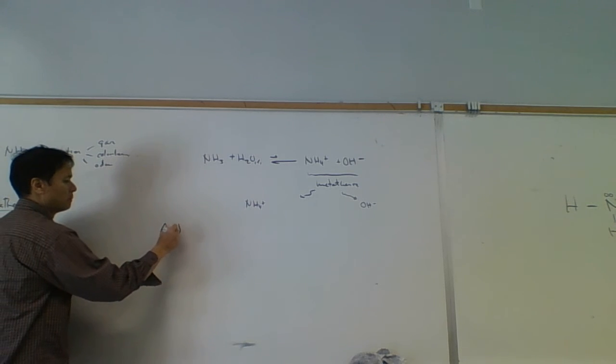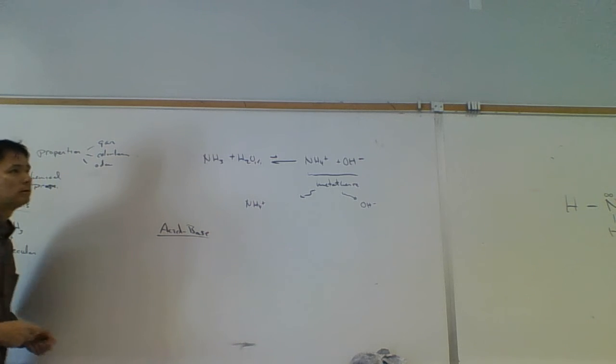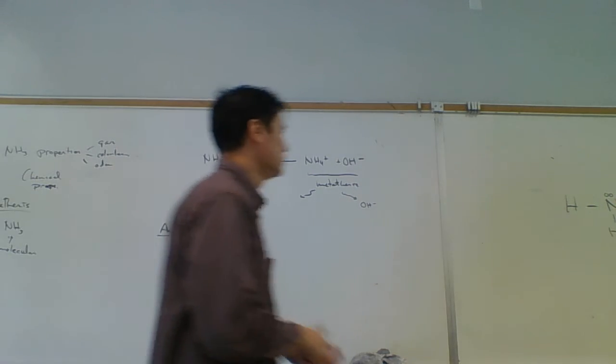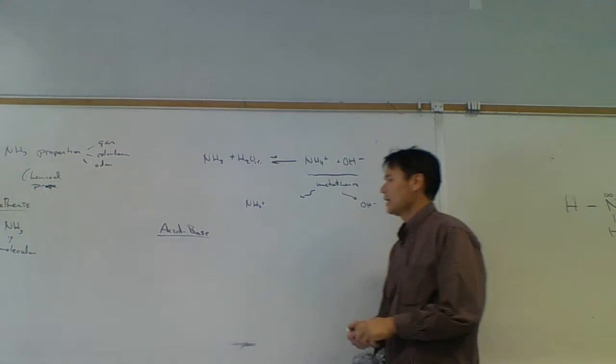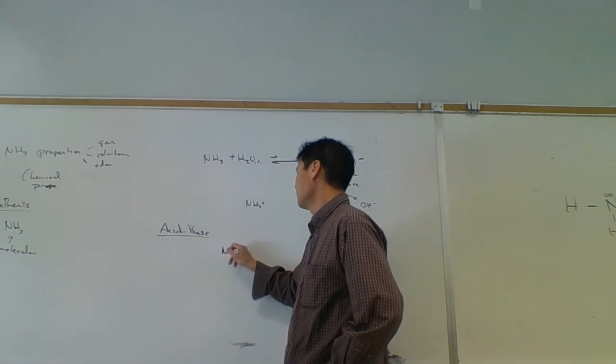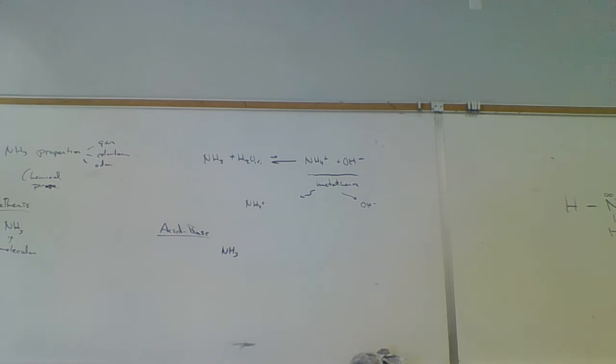Acid-base. Well, here we have the acid-base chart. Now, we were talking about ammonium earlier, but the ammonium was generated when ammonia reacts with water. What would we classify ammonia as? Looks like ammonia is a decent base.